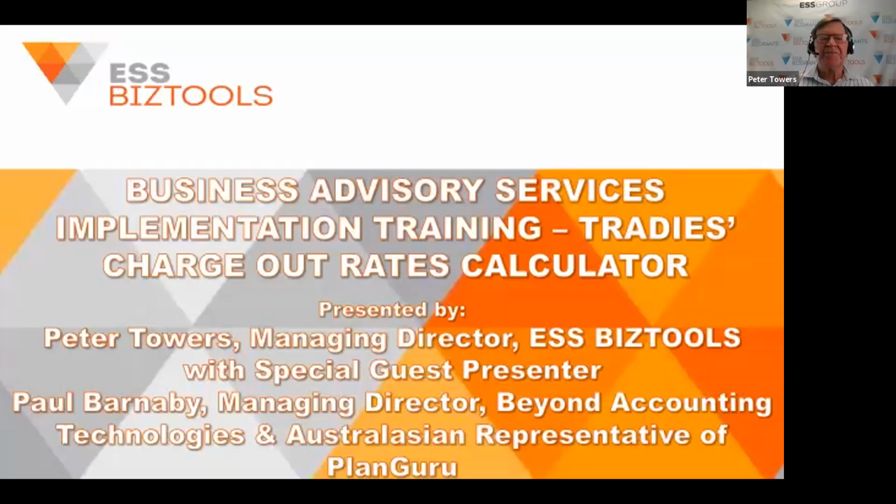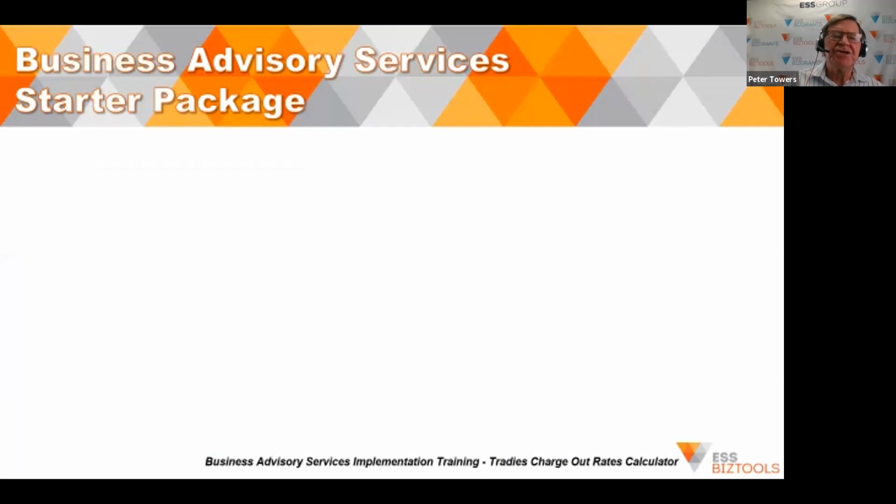Okay, well, we'll come back to you shortly, Paul, and we'll just go back to this presentation. So what we're talking to you today about is how you can utilize components of the Business Advisory Services Starter Package to provide business advisory services to your clients.